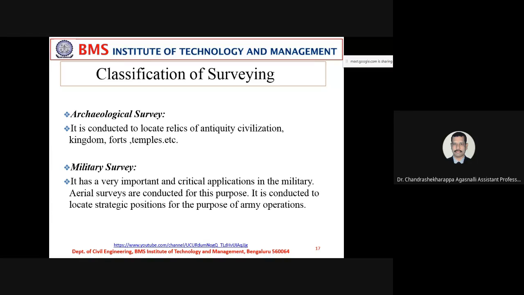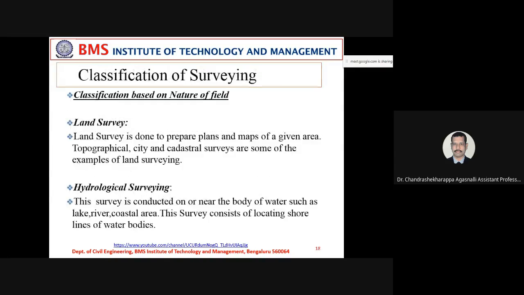That's called archaeological survey. It also has a very important and critical application in the military. Aerial surveys are generally conducted for this purpose. Not only now, since the beginning we have been doing these aerial surveys for this purpose. It is also conducted for strategic positions for the purpose of army operations. That's called a military survey.